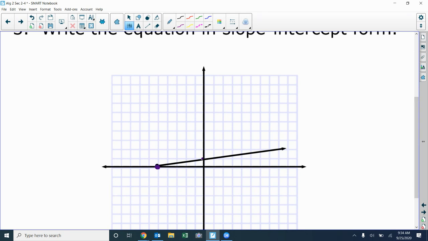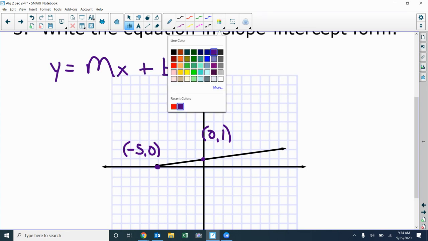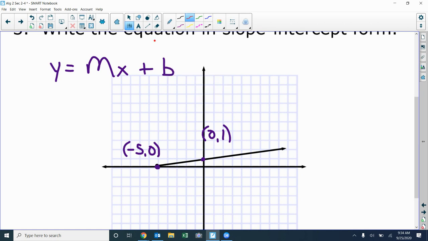This guy right here is (0, 1). This guy here is (-5, 0). y equals mx plus b. Negative or positive slope?